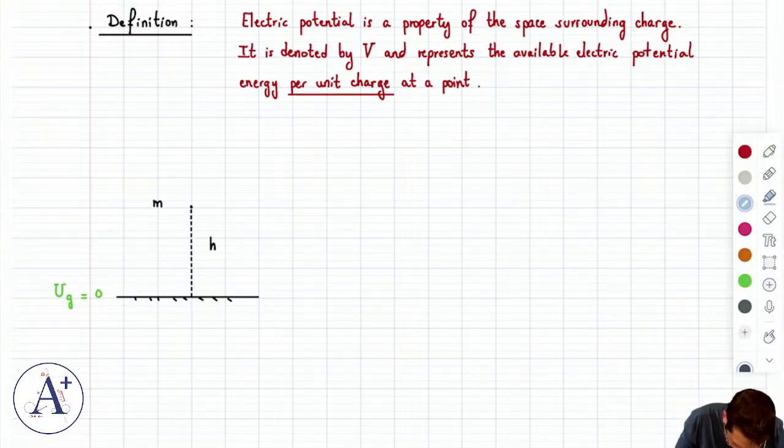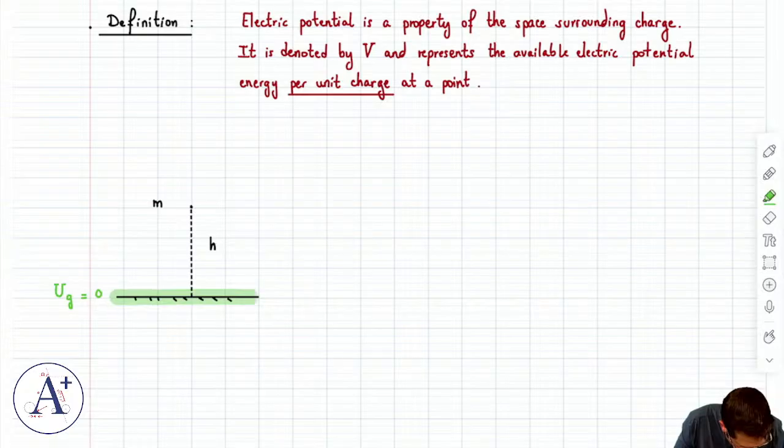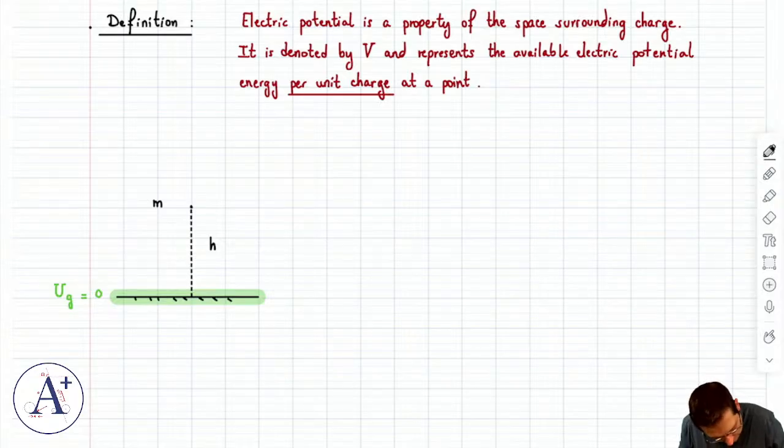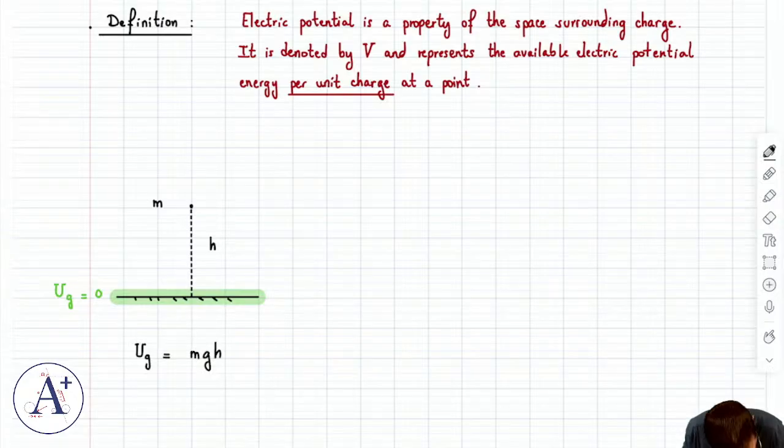Typically the ground, the reason being that it's pretty natural for us to measure height from the ground up. So I tend to put my reference for potential energy on the ground or at the lowest point in the problem. If that's the case, then the gravitational potential energy of this mass is mgh.